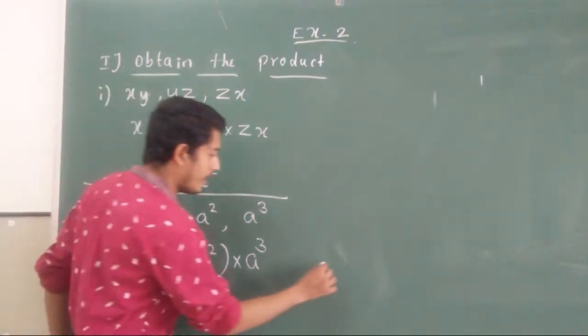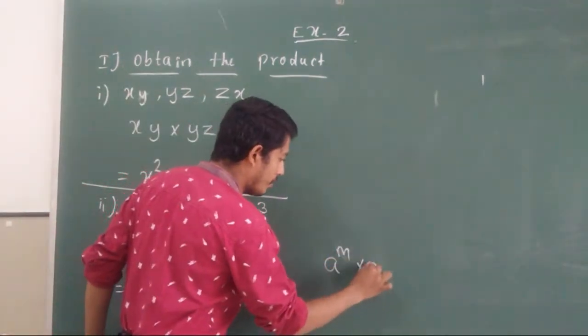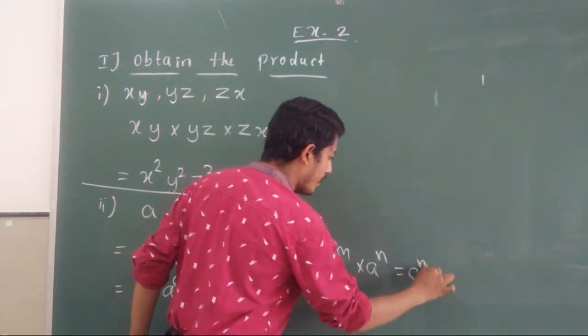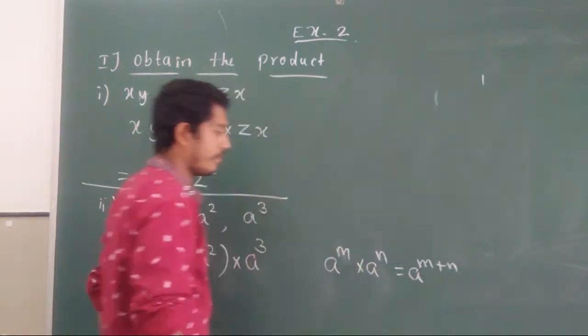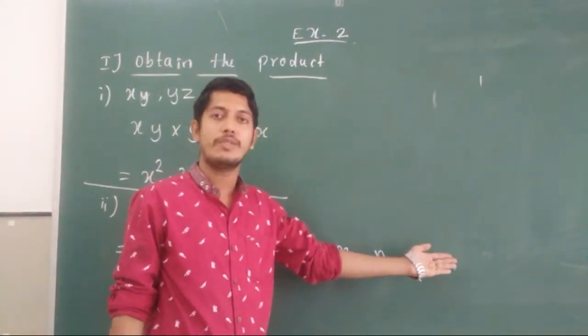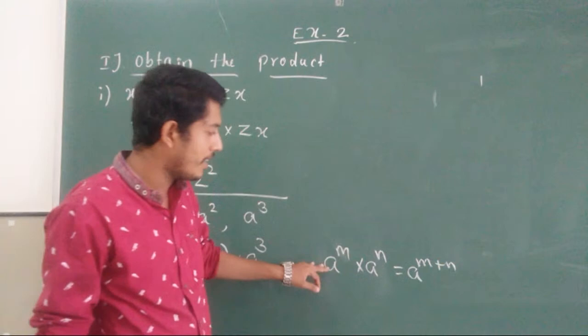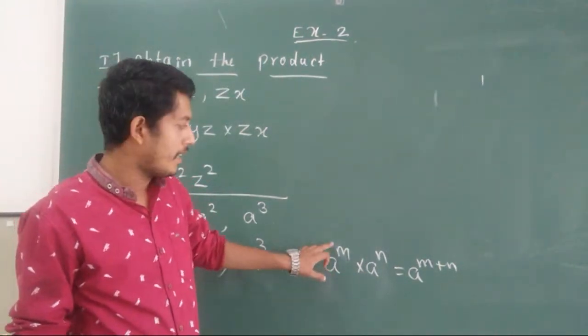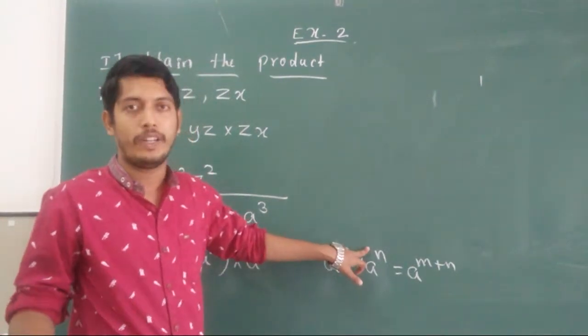The reason is a raised to m into a raised to n equals a raised to m plus n. Here a is considered the base term, and m and n are exponent terms.